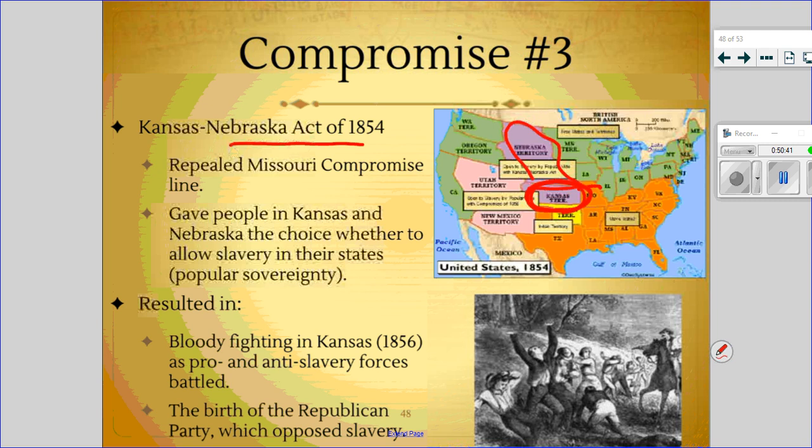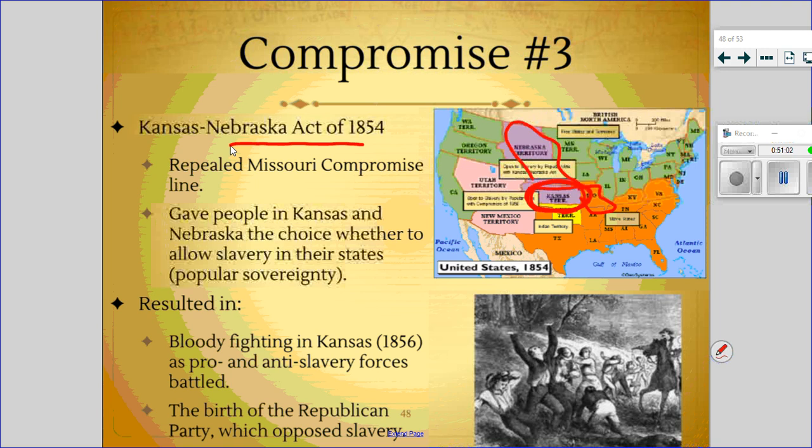You've got a slave state, Missouri, right next door that really wants Kansas to be a slave state. You have lots of people that are interested in taking their slaves to Kansas. You have lots of people that don't want to see slavery spread to Kansas. So we are going to see things degenerate into chaos in Kansas. It's going to be ugly.